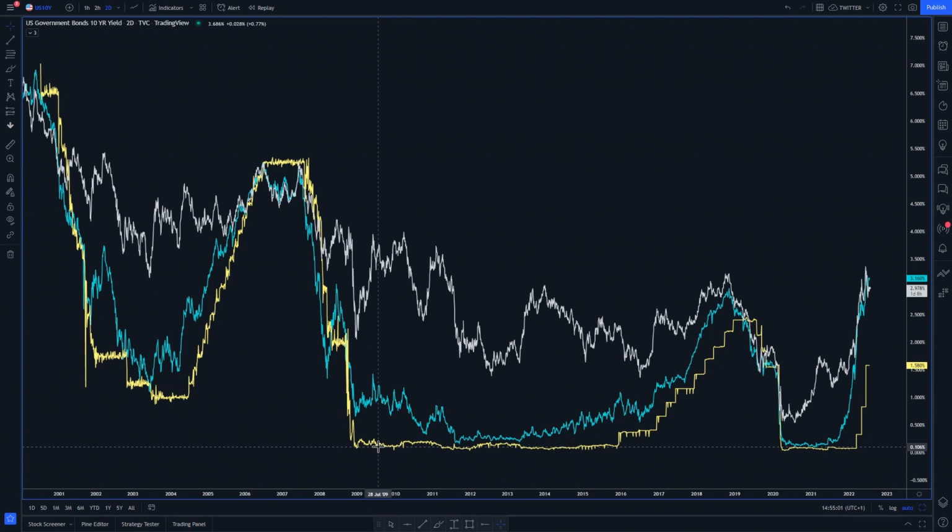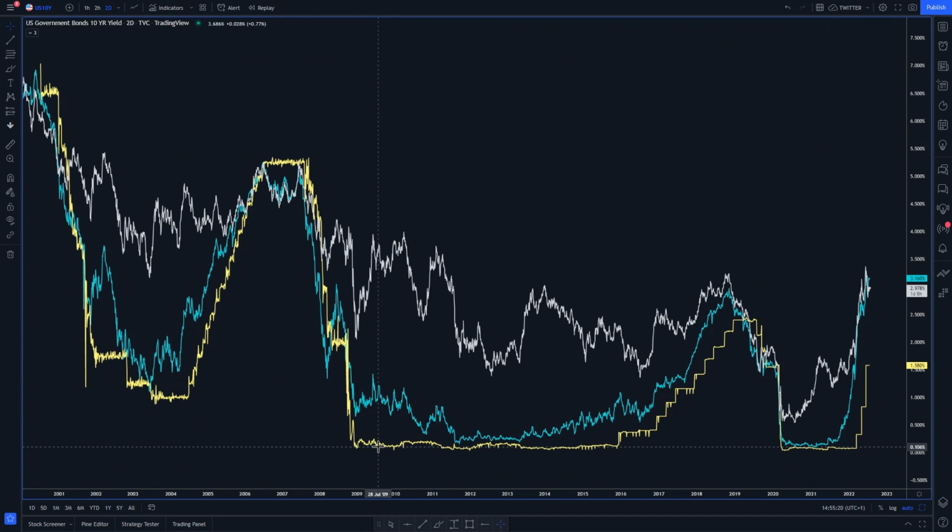So keep in mind that things like your auto loan and your mortgage rate and your medium-term business loan and personal loan, all of those things are set using a benchmark, and that benchmark is usually your 10-year yield. So if your 10-year yield is high, it means that your borrowing costs associated to that benchmark will be high as well.